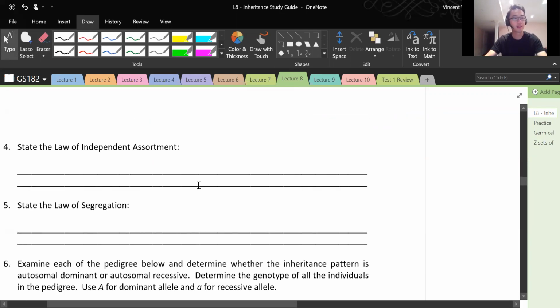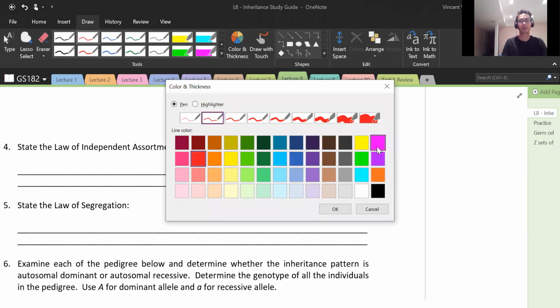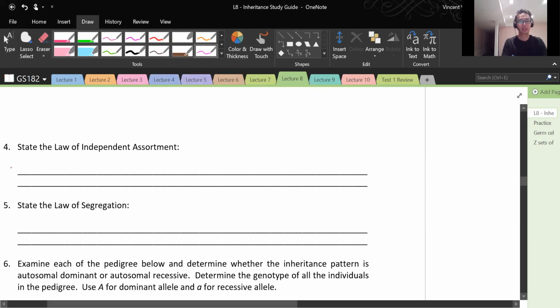All right, let's do the Mendelian genetics. State the law of independent assortment. This is one of Mendel's two laws. The law of independent assortment states that the alleles of two or more genes get sorted into gametes independently of one another. For those of you who don't know, an allele is a different version of a gene.